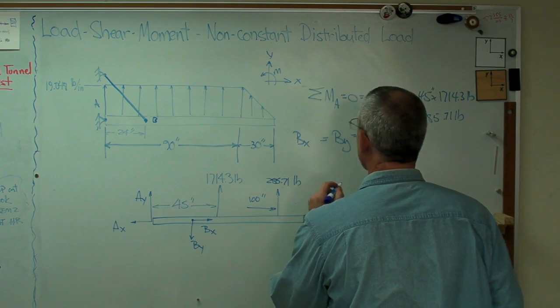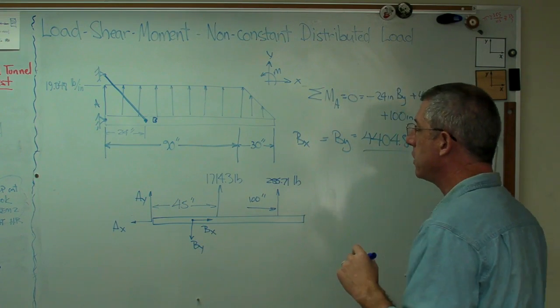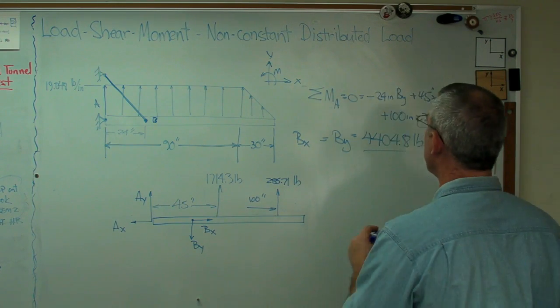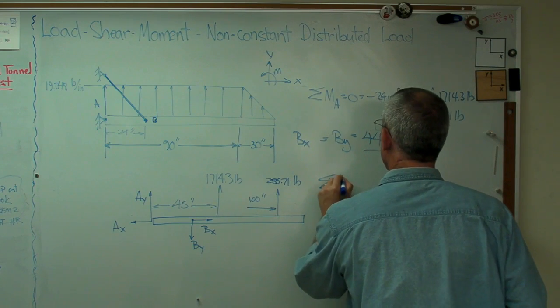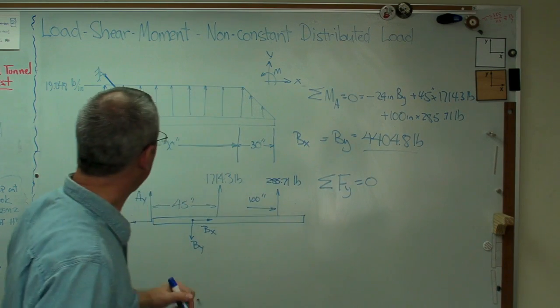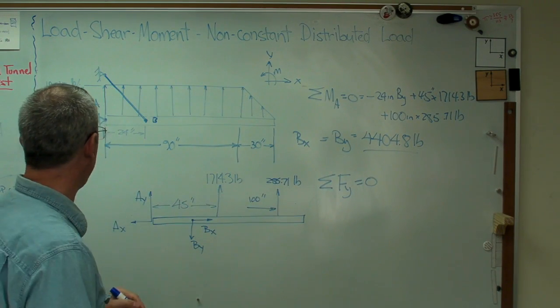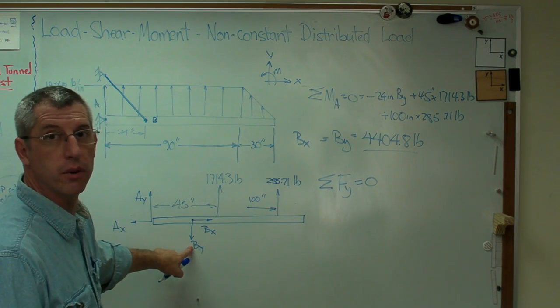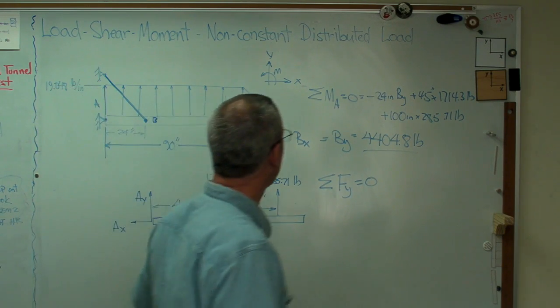Well, let's try maybe summing the vertical forces. That's a good thing to do. So I can say the sum of the forces in the y direction equals 0. Those had better add up to 2,000 pounds. And I know that's 4404.8 there.